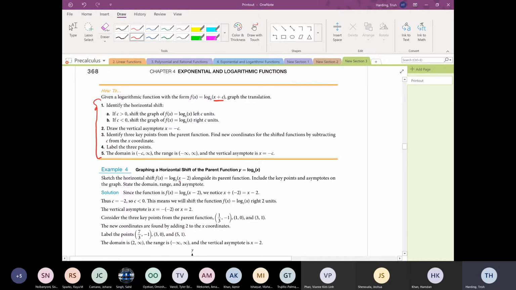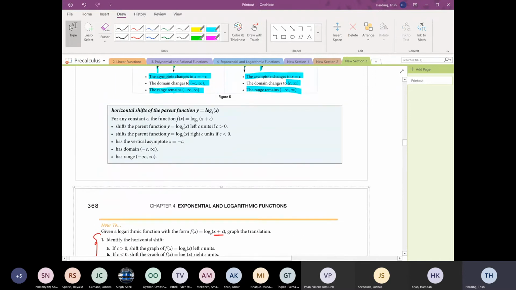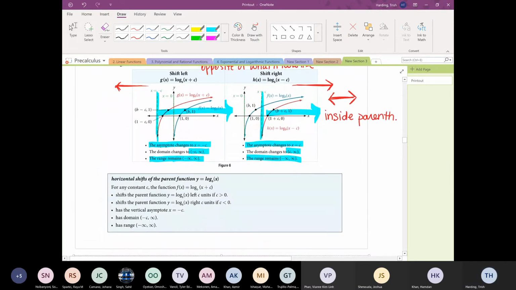So here we have x minus 2. So remember, it's minus. So that means our c is going to be positive. So our c is going to be 2. C is going to be 2. We're looking at this guy.